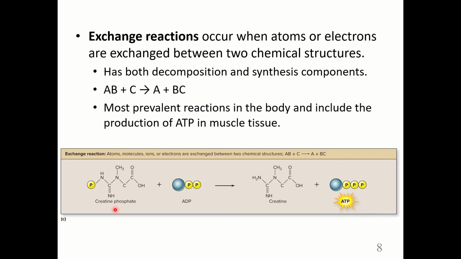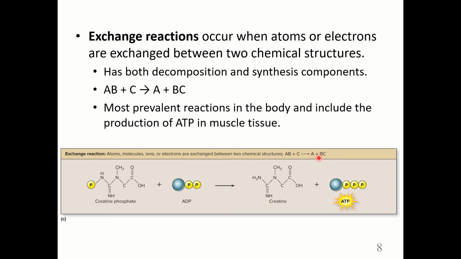The image shows the molecule of creatine phosphate and a molecule of adenosine diphosphate. Creatine phosphate would be the AB in this reaction, and ADP would be C. After the reaction has occurred, creatine has lost its phosphate.